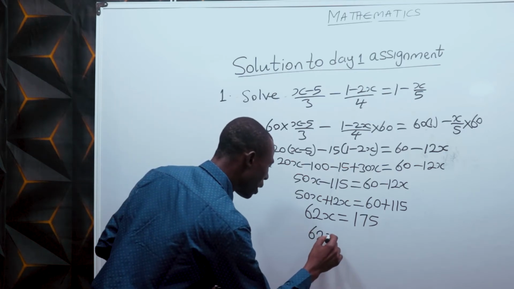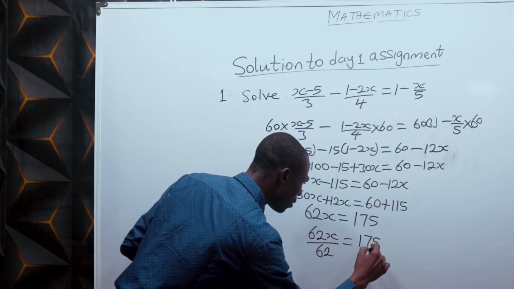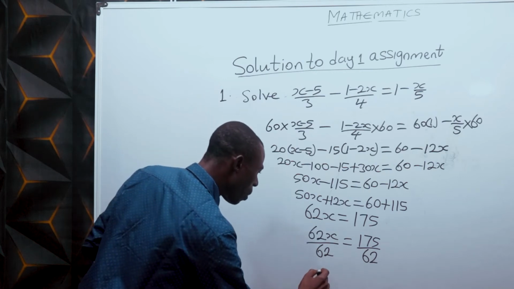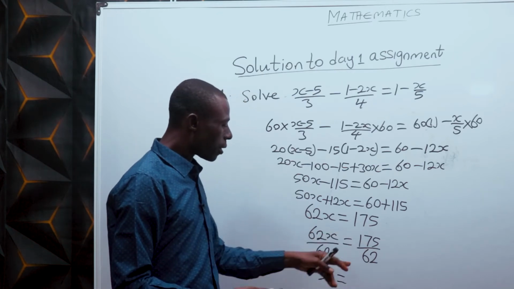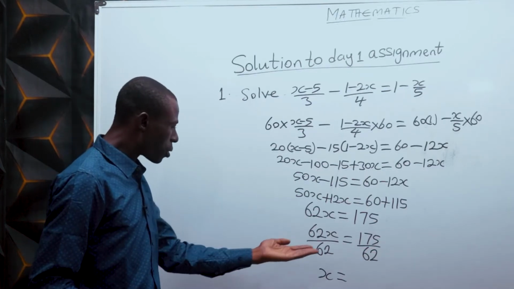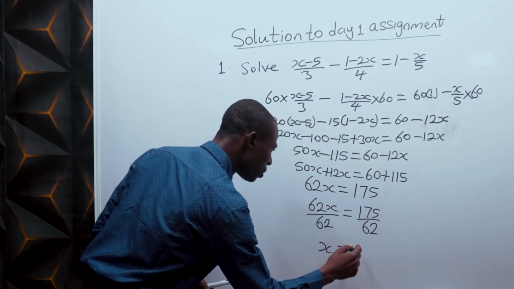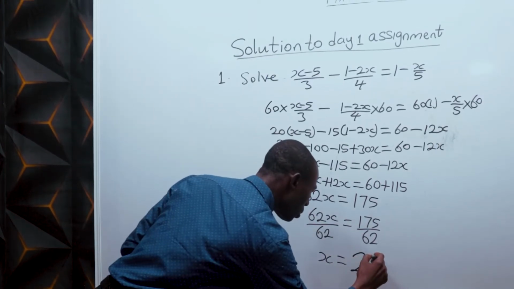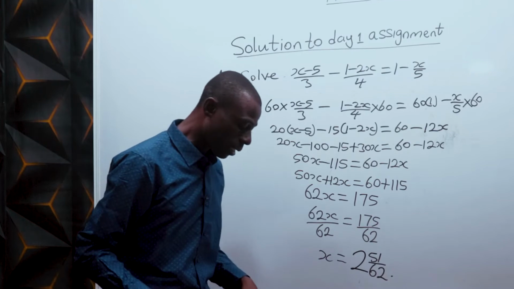So you have 62x divided by 62, which is equal to 175 divided by 62. So x equals, we now simplify 175 divided by 62. 62 in 175, 2. We have 51 left, so we have 51 over 62. That is it. That's the end of that.